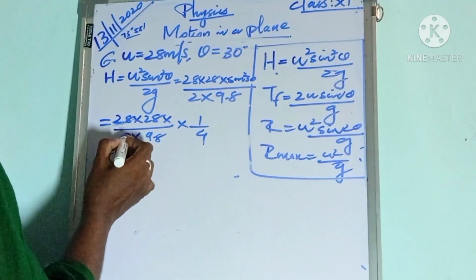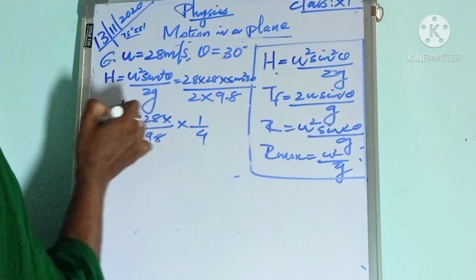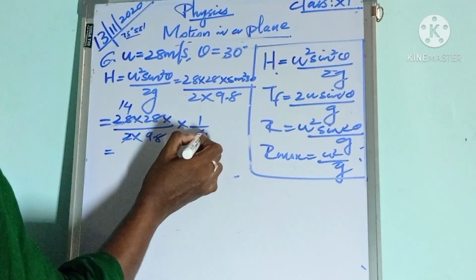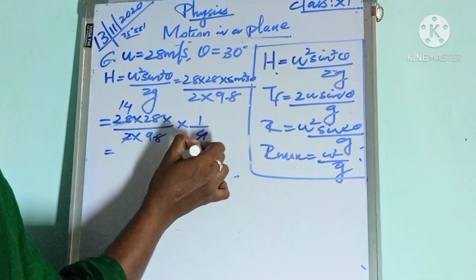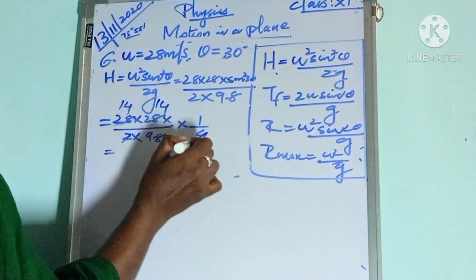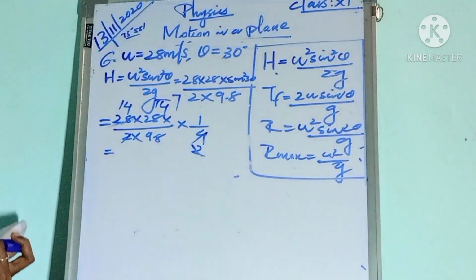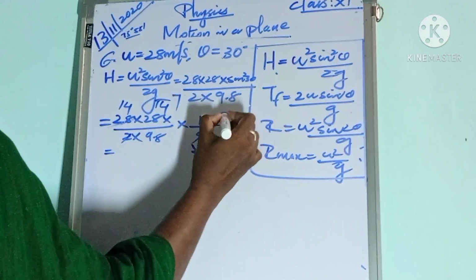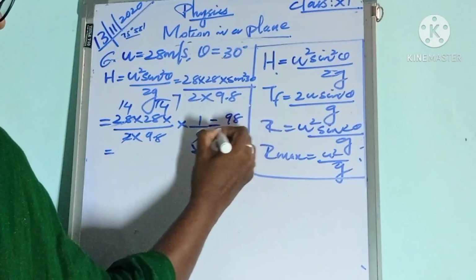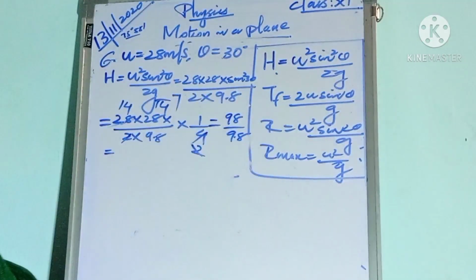Here we can cut this 2 with 14, then again 2 here, it is 7. That is, we got 14 into 7, which is 98. So 98 divided by 9.8.